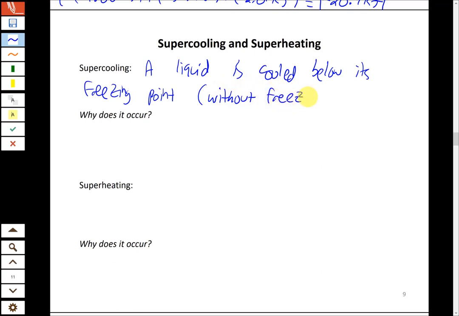So supercooled water would be liquid water that exists, at least for a period of time, below 0 degrees Celsius. You've gotten below the freezing point of that substance, but it hasn't frozen yet.